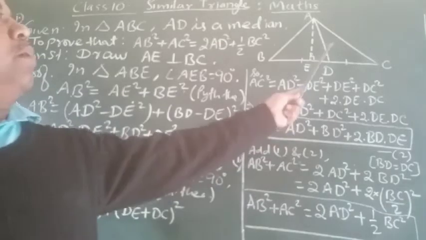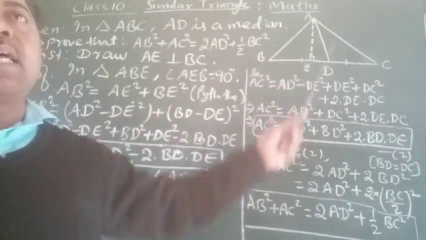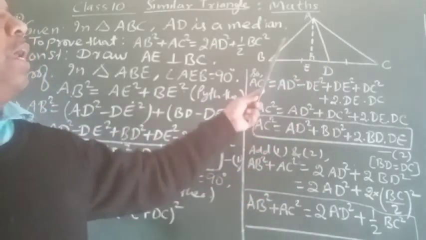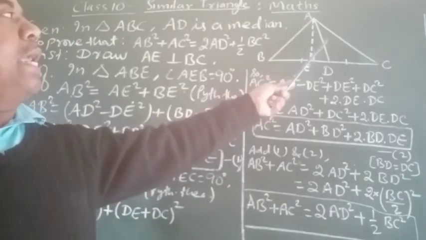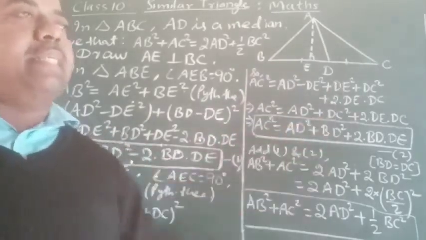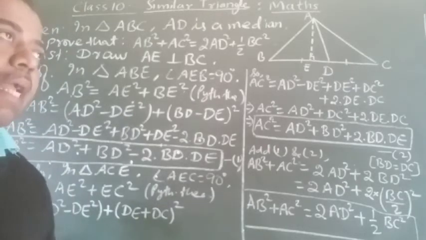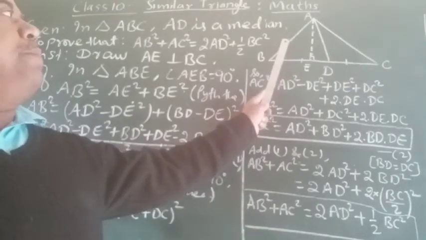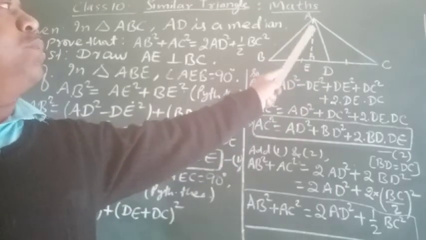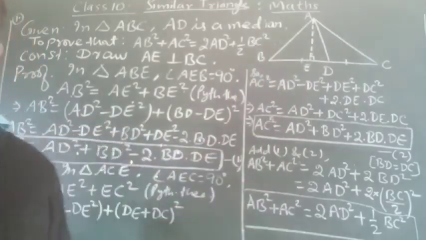AB and AC are the sides, and AD is the median on BC. So there is a relation between AB, BC and AC with AD. The relation is AB square plus AC square equals 2AD square plus half BC square. We have to prove it.